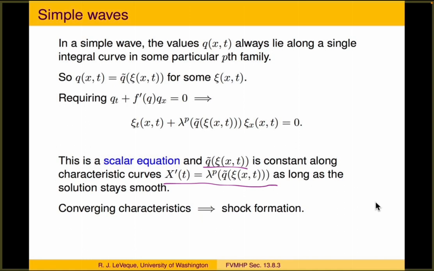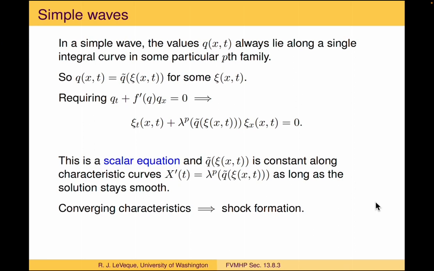This is like our scalar equation where we had qt plus some f prime of q x equals 0, but in the scalar case, where f prime of q is just a scalar, the solution was constant along characteristics, as long as the solution stays smooth, as long as the characteristics don't start to cross.